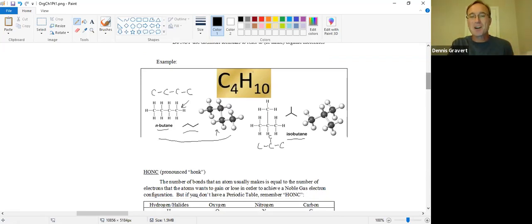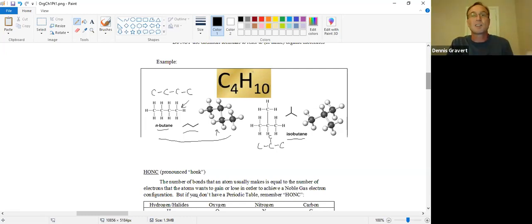As we add more atoms to our chemical formula, we're going to get a greater number of possible isomers. And I don't know of a way to predict how many possible isomers there are. It's mainly found by trial and error. So what you do is, say you've got a big chemical formula, C10H25, with a nitrogen and a chlorine and maybe a couple oxygen atoms.